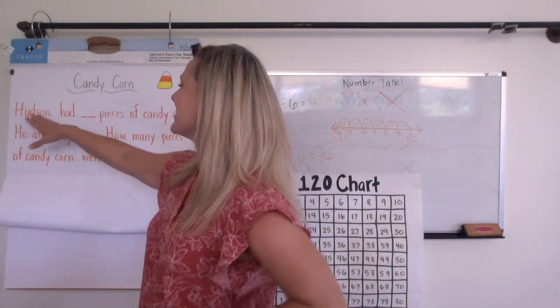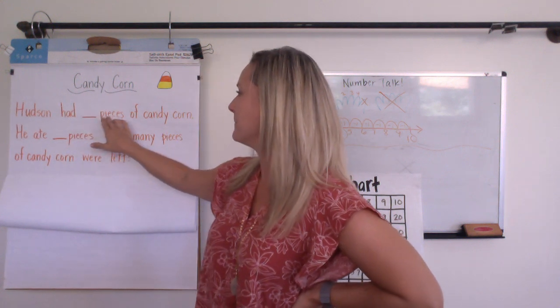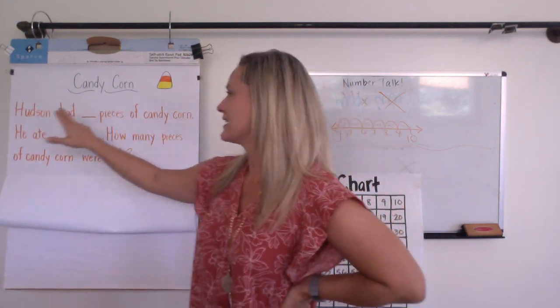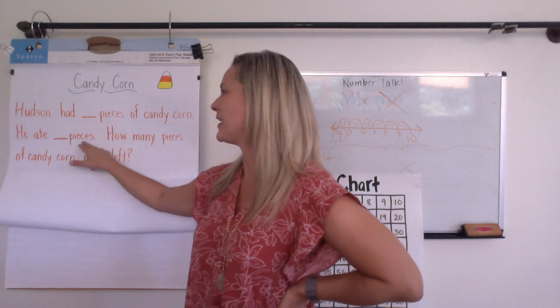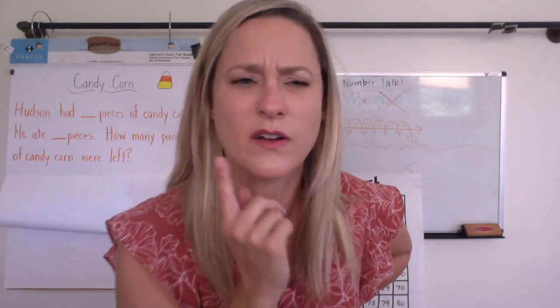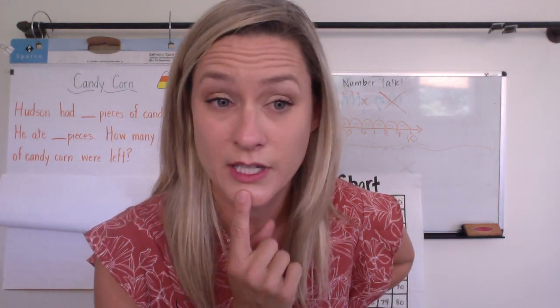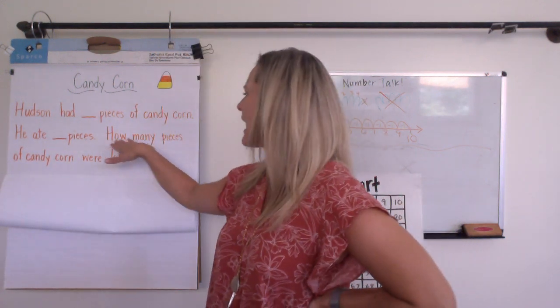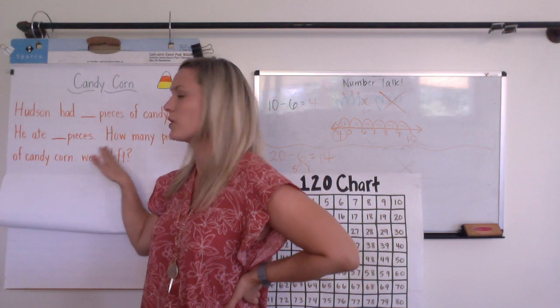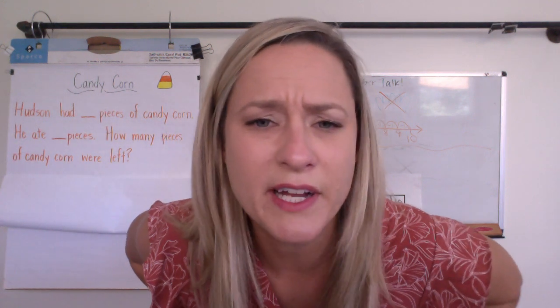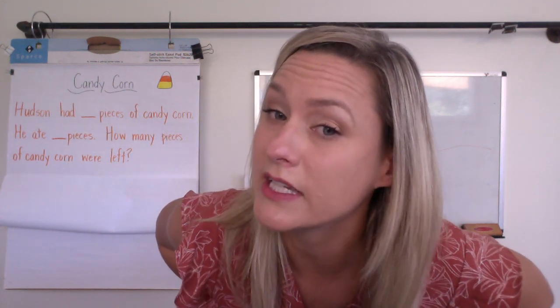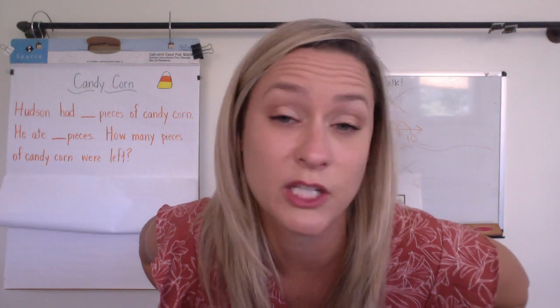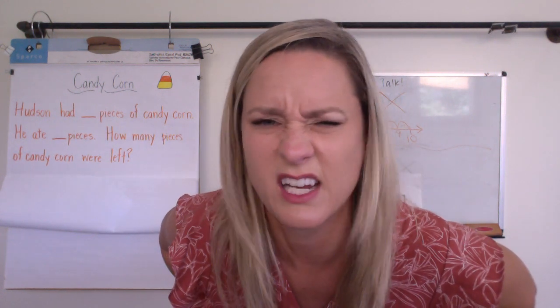All right, so Hudson had pieces of candy corn. He ate pieces. Okay, so Hudson had some candy corn, and then he ate some pieces of the candy corn. How many pieces of candy corn were left? Well, if I know Hudson well enough, he would eat them all. But his mom won't let him, so she's probably going to tell him to stop so he doesn't eat all of them.